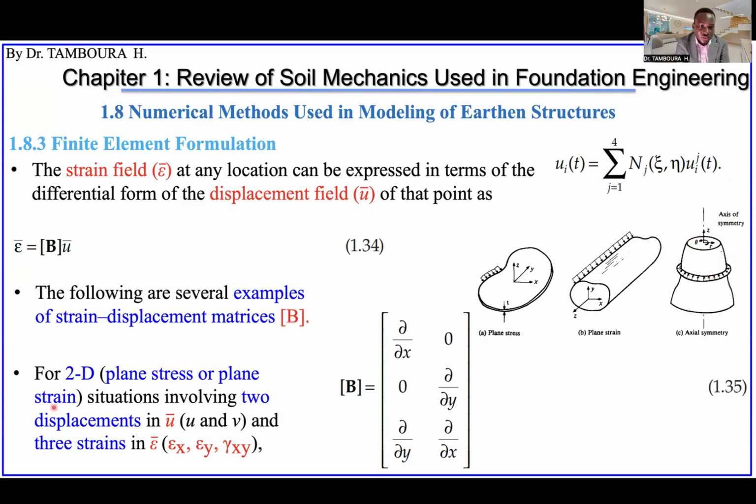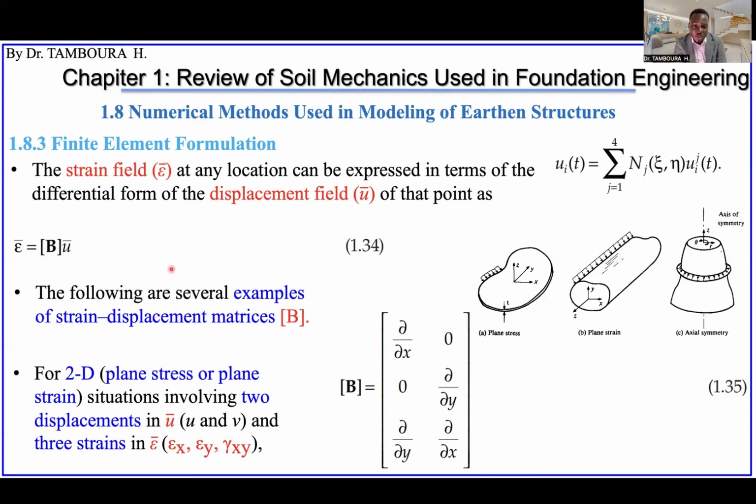So the example we gave here, 2D, is for plane stress or plane strain. In that case, the strain displacement matrix will be like this. If you replace this here, you will have the strain as a function of displacement.